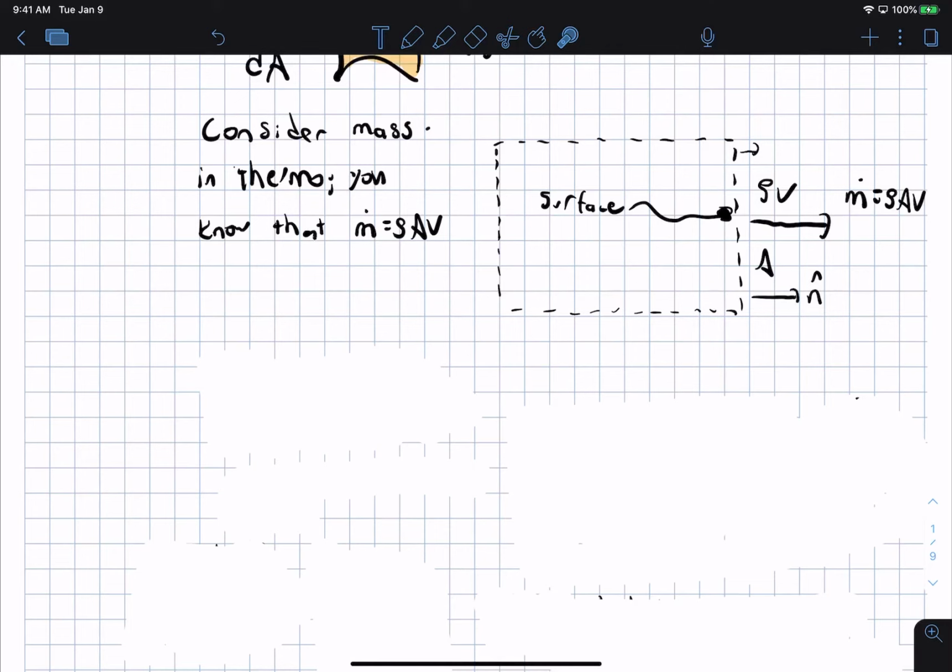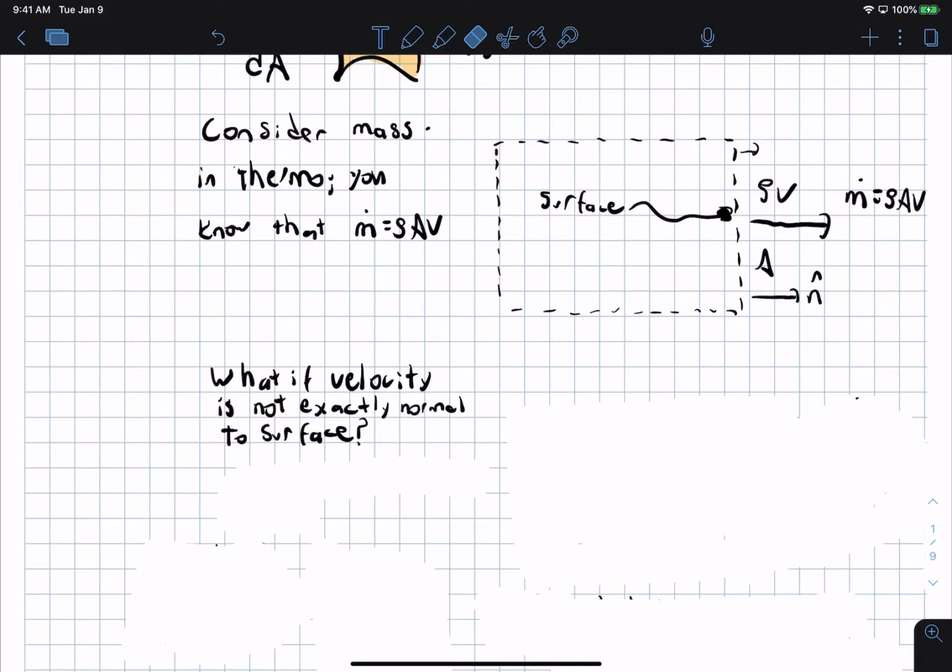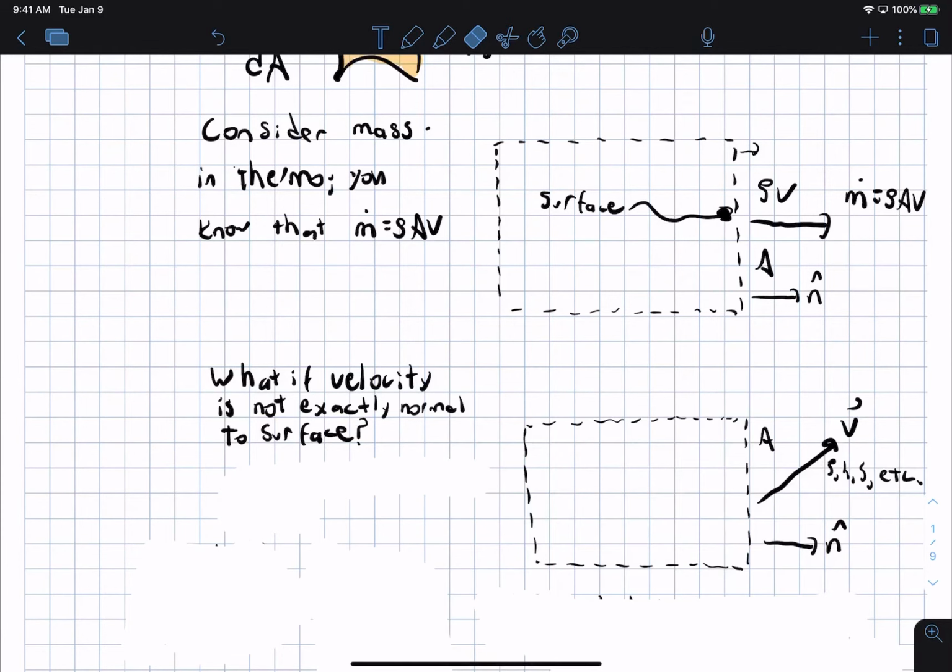What do we do if they're not perfectly aligned? So what do we do if the fluid velocity is not exactly normal to the surface? Okay, so let's just consider another case here where n hat again points out, but now v is going up at some angle.